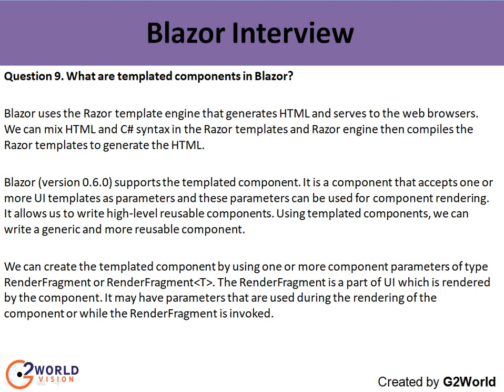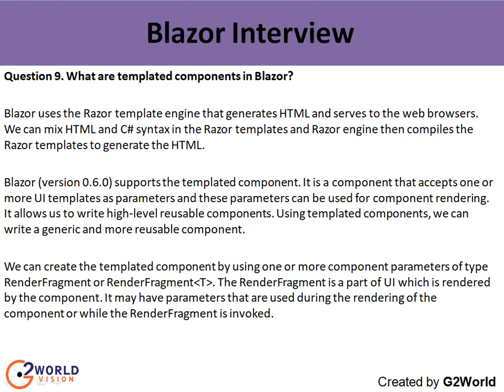Blazor version 0.6.0 supports templated components. It is a component that accepts one or more UI templates as a parameter, and the parameter can be used for content rendering. It allows us to write high-level reusable components. Using templated components, we can write generic and highly reusable components.